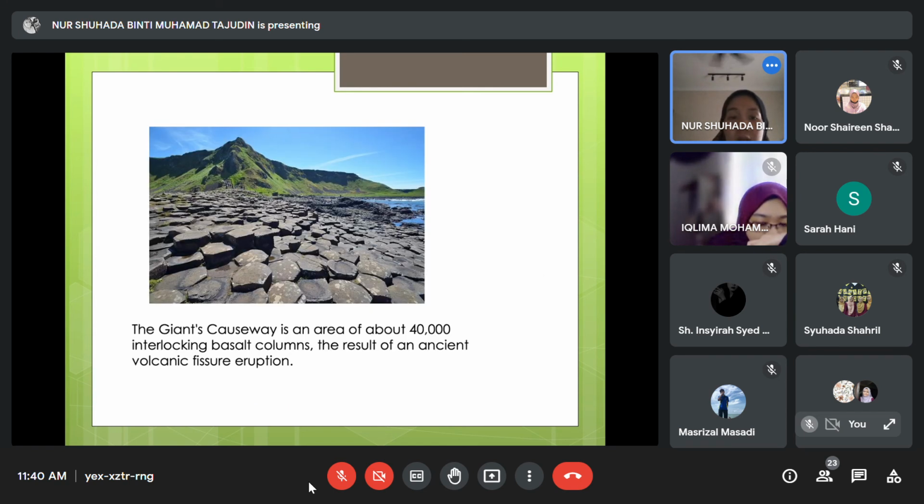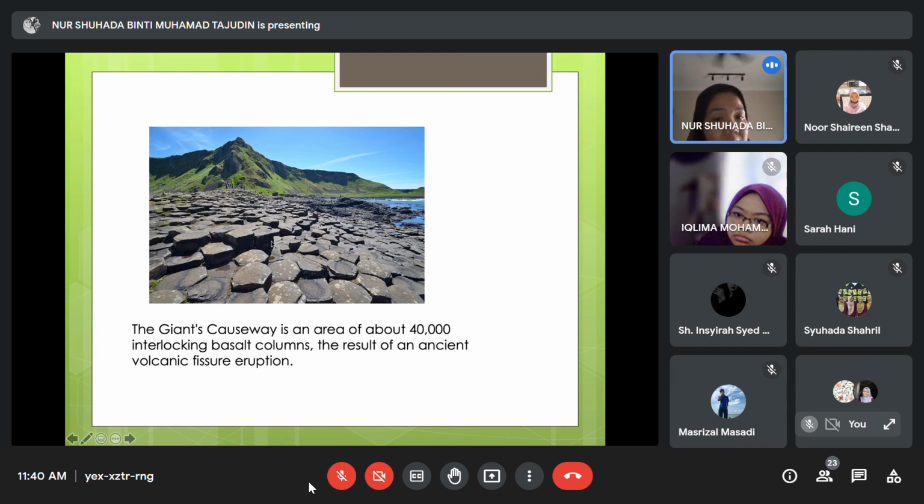Okay, so these are some examples in the northern part of the UK, ataupun Northern Ireland. Okay, so this is Giant Causeway. Okay, so you can see dia dulu adalah kawasan gunung berapi. Okay, dah tak wujud pun gunung berapi tu, tapi ni berlaku about 40,000 years ago.